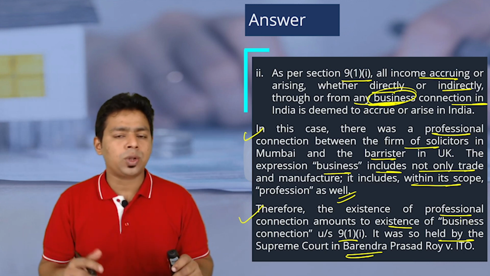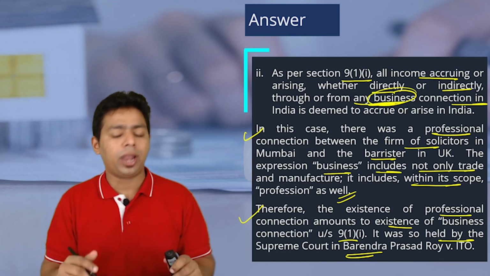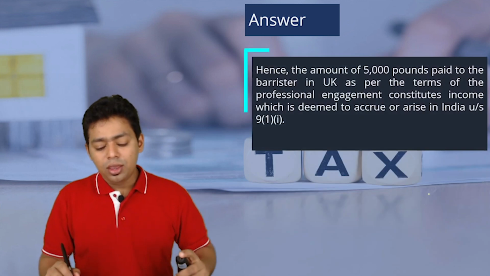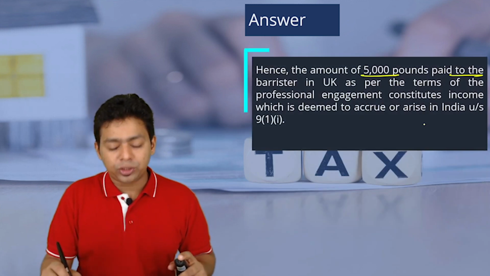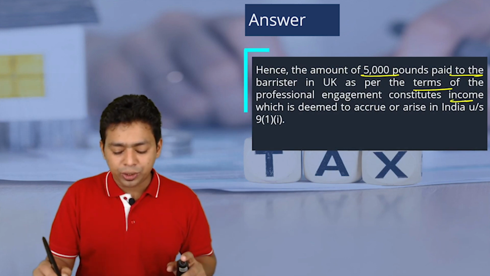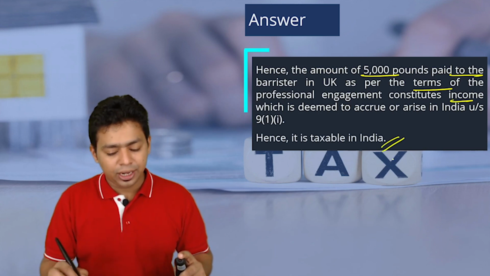ITO. So the old case law, it is decided by the Supreme Court, therefore it is a law of the land now that this business word includes profession. Hence, amount of £5,000 paid to the barrister in UK as per the terms of the professional engagement constitutes business income which is deemed to accrue or arise in India, and it will be taxable in India.